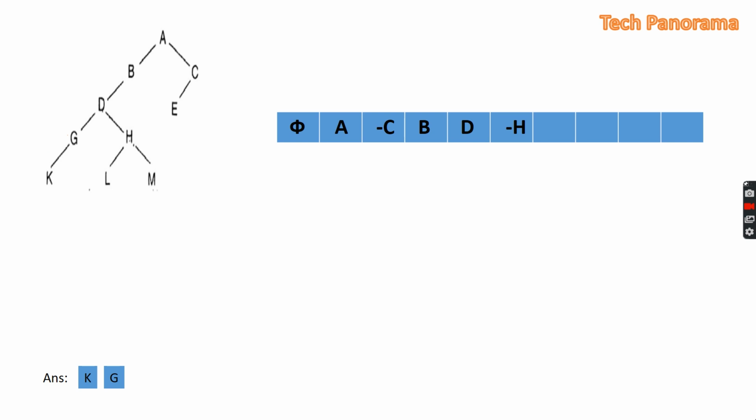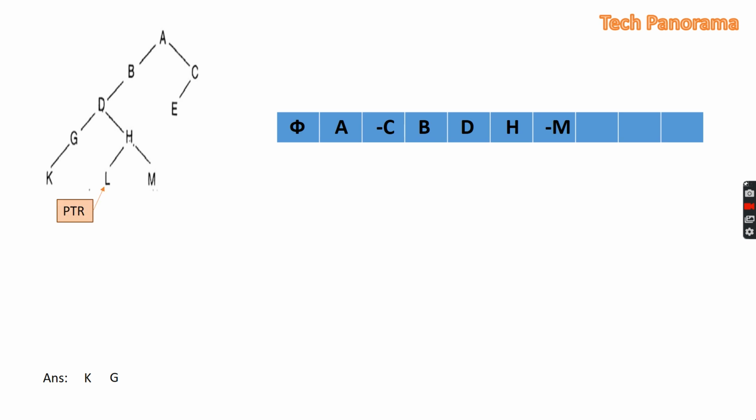So first we pop the element, that is minus H, and convert it into positive. So PTR is equal to H. Then again we process it in post order, and post order says first we insert PTR to the stack. Then we check its right. As it has a right, that is M, we push it into the stack with the minus symbol.